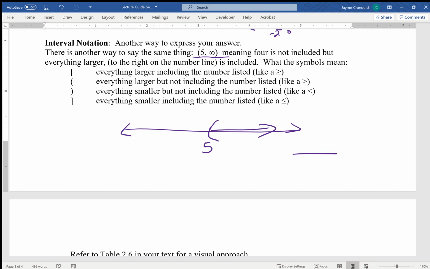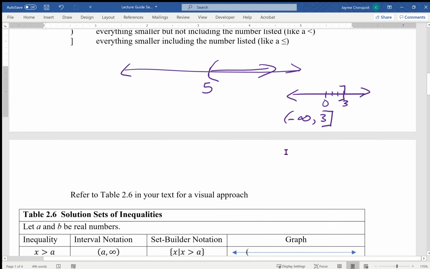If I had something like this, 0, we're going to do a 3, I'm going to put a solid bracket. This is going from -infinity to 3 with the square bracket. Okay, infinity and -infinity, they will always use the open parenthesis because you can never actually equal infinity. So it's always the parenthesis.